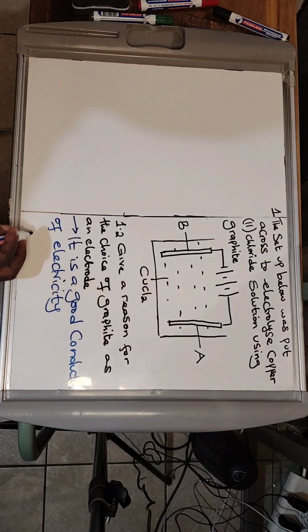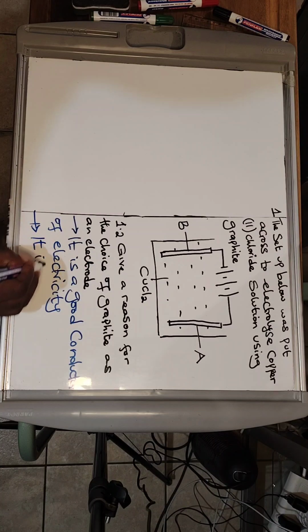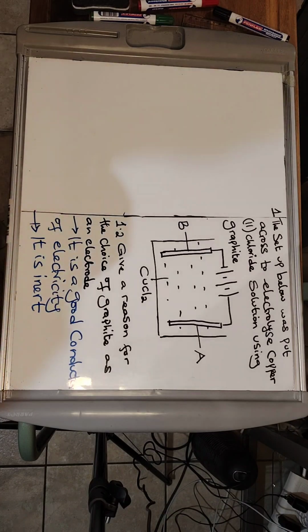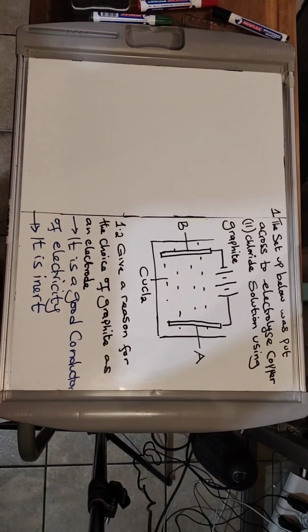The second reason for choice of graphite is that it is inert. What does this mean? Graphite does not react readily with electrolyte or products of electrolysis. So that's one of the questions.